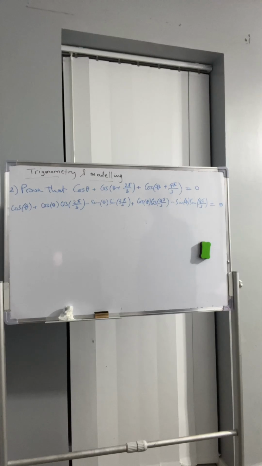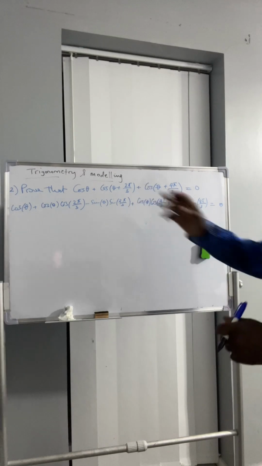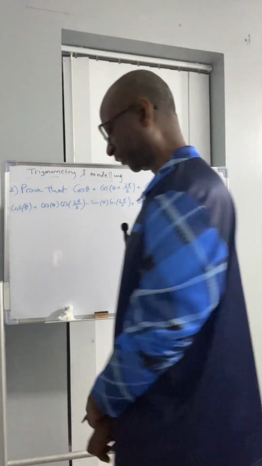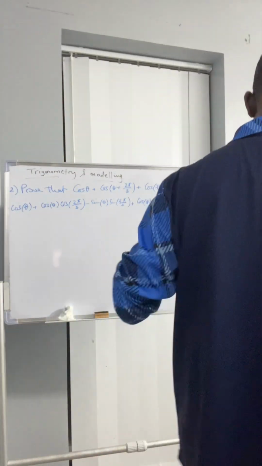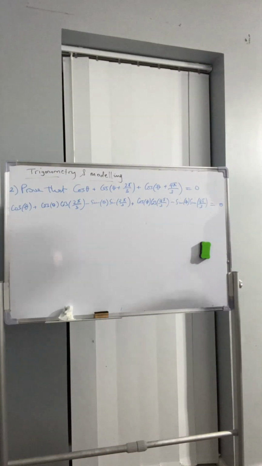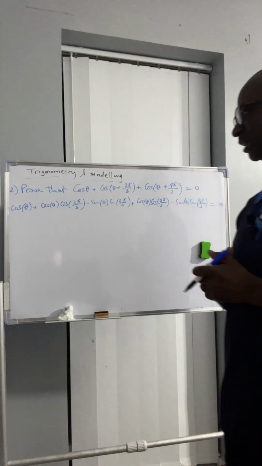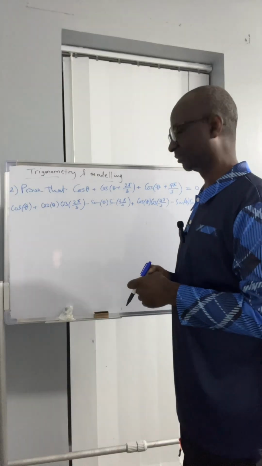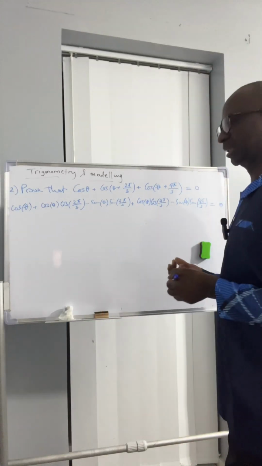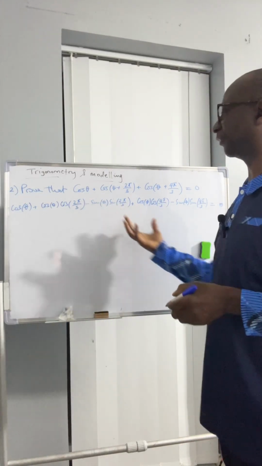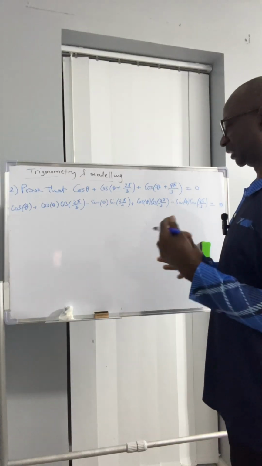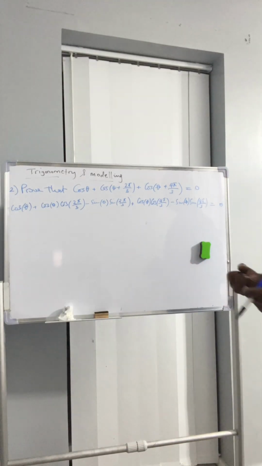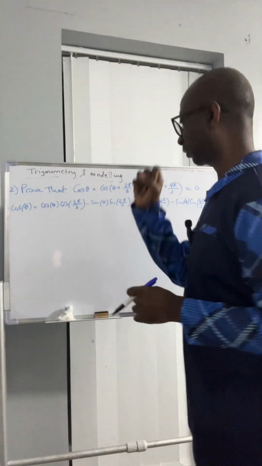Okay. So what is 2 pi over 3? What angle? What is the magnitude, the size of that angle? These are given in radians, but it's always advisable to convert them to degrees. Then you work out what the value of the angle is.